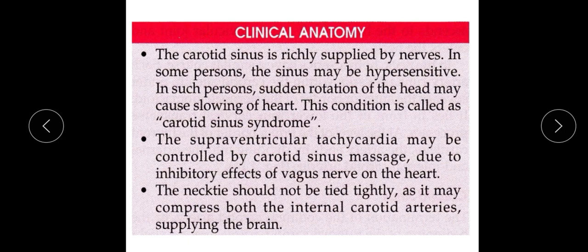Supraventricular tachycardia, an increase in heart rate, may be controlled by carotid sinus massage, due to the inhibitory effects of the vagus nerve on the heart. Neck ties should not be tied tightly as they may compress the internal carotid artery supplying the brain.